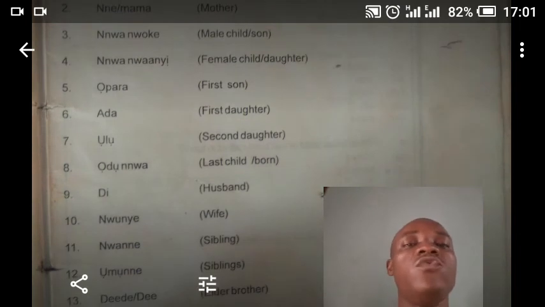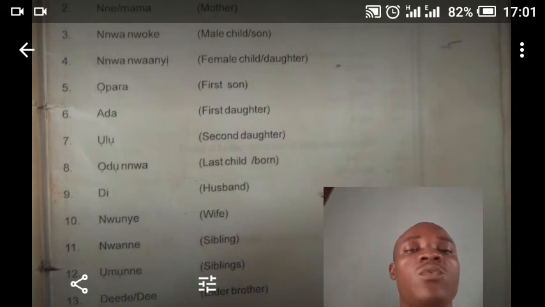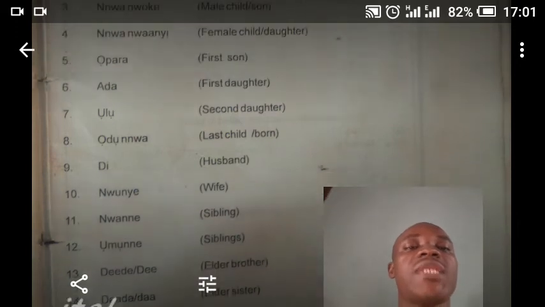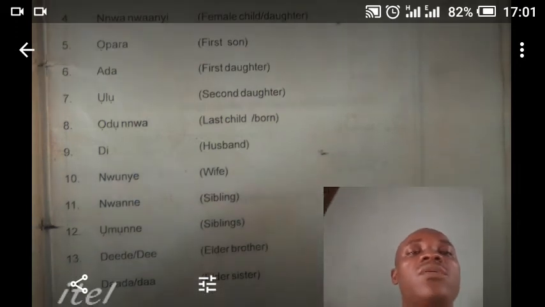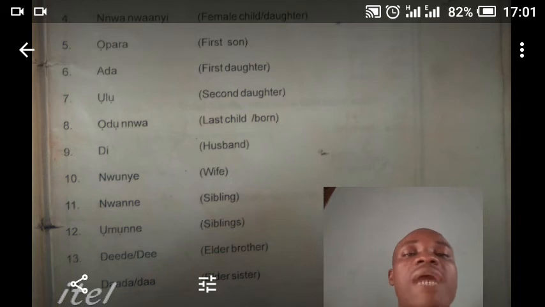We have Ulu, which is second daughter. We have Odunwa, which is last child or born. We have Di, which is husband. We have Nwunye, which is wife. We have Nwanne, which is sibling.